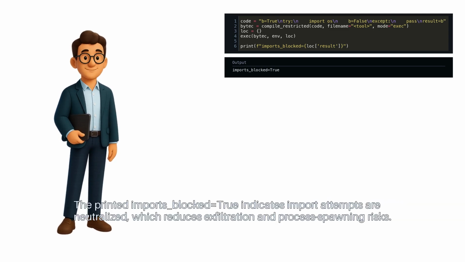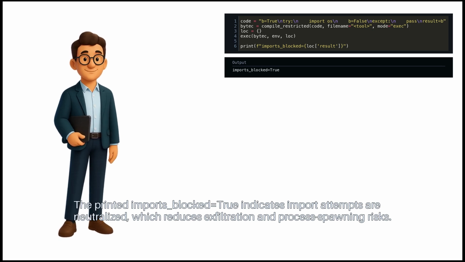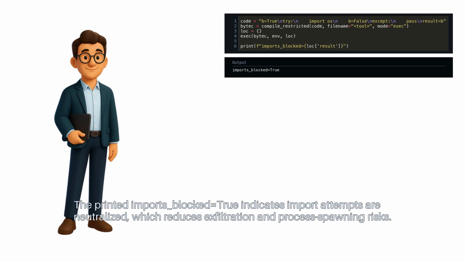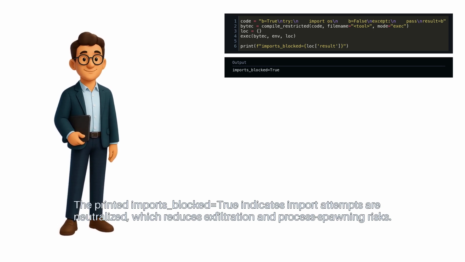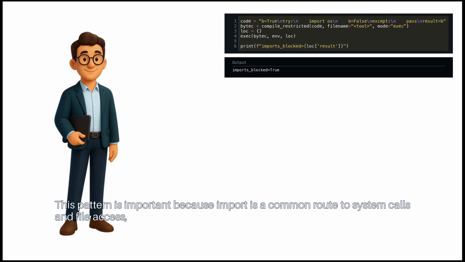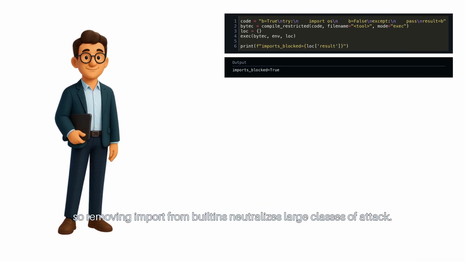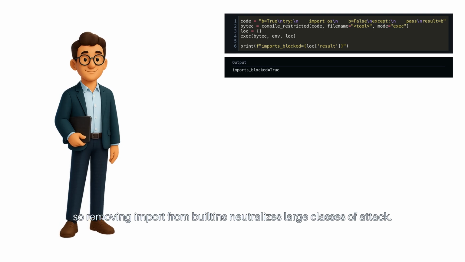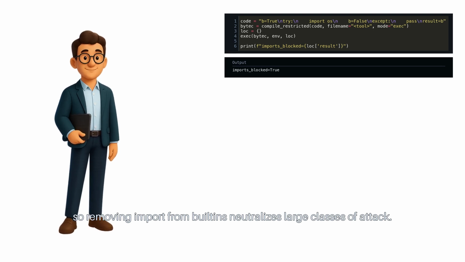The printed imports blocked true indicates import attempts are neutralized, which reduces exfiltration and process spawning risks. This pattern is important because import is a common route to system calls and file access. So removing import from built-ins neutralizes large classes of attack.